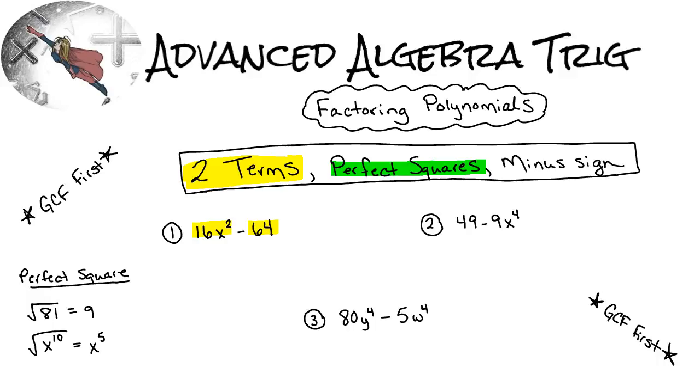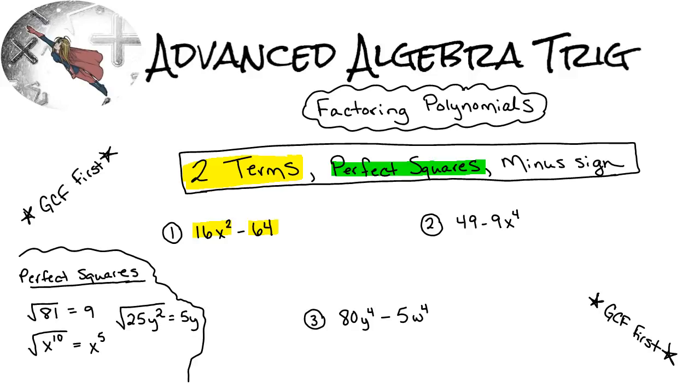And I could have both a number and a variable, like let's say 25y squared. The square root of that is exactly 5y. So those are all examples of perfect squares. So we'll just leave that jotted down over here to the side.